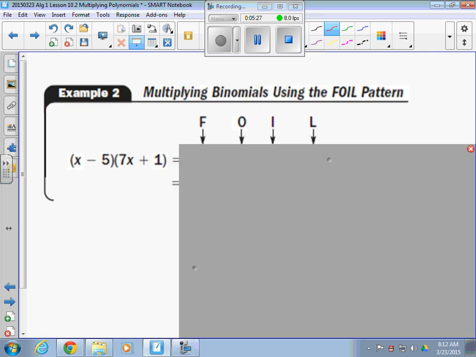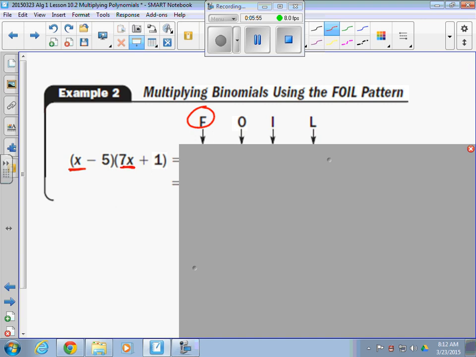Example number 2 is the FOIL method. This is almost the exact same thing as what we just did. What FOIL does is remind you to multiply everything by everything else. F stands for first. So this is the first term of the first binomial, x.